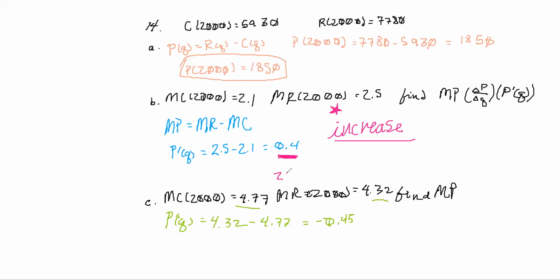If we move from 2000 to 2001, we're making money. And exactly. And so we're losing money if we move that same distance.